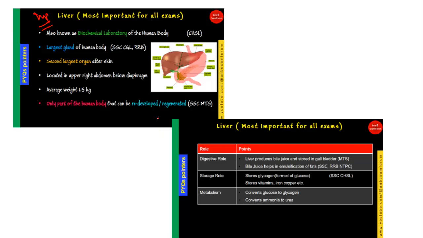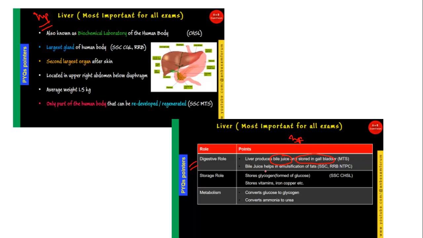I will tell you the main one: the digestive role of the liver. Liver is the gland which produces the bile juice, and the gallbladder is going to store that bile juice. This is a very important pointer we have seen in many exams. So liver produces bile juice, whereas gallbladder is going to store it.